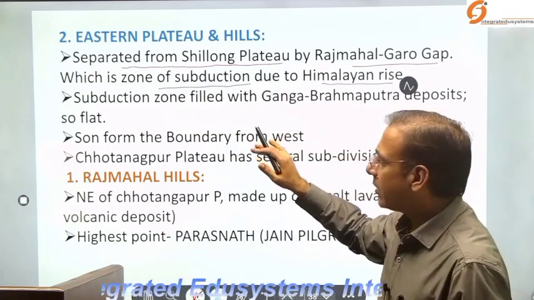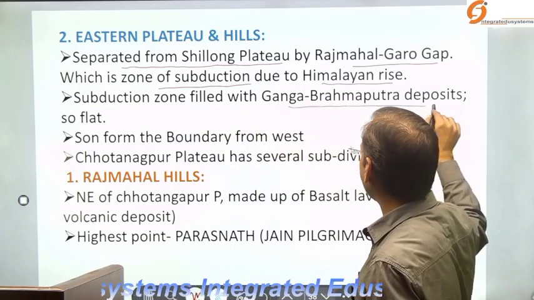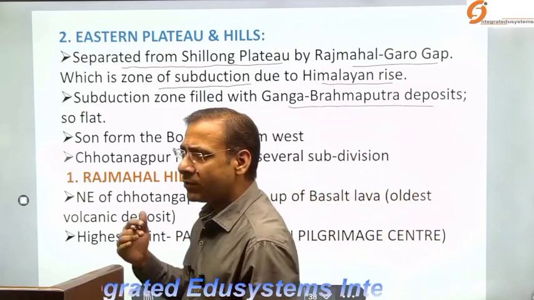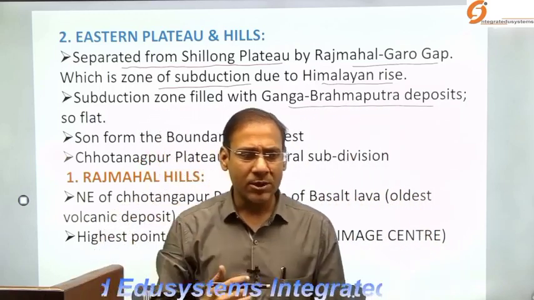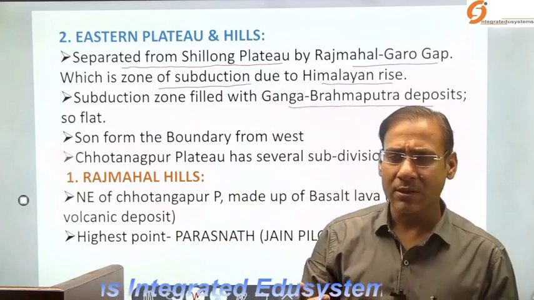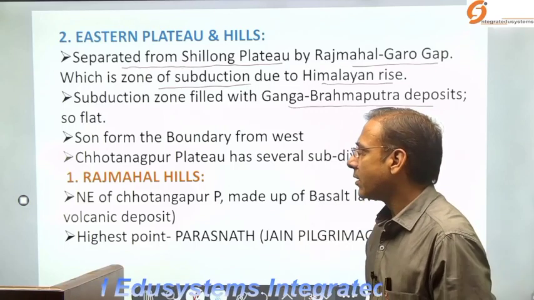Now the subduction zone is filled with the Ganga Brahmaputra deposits. I had already discussed that the gap is gradually filled by the sediments carried by the Brahmaputra and its tributaries as well as the Ganga river. So now it has become a flat structure.